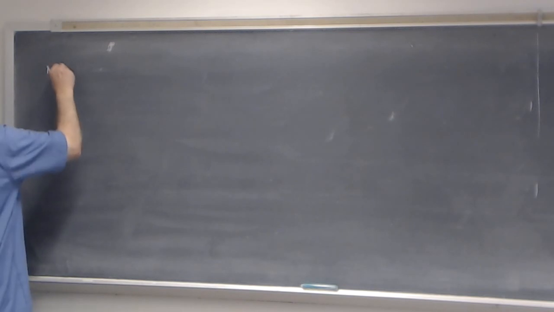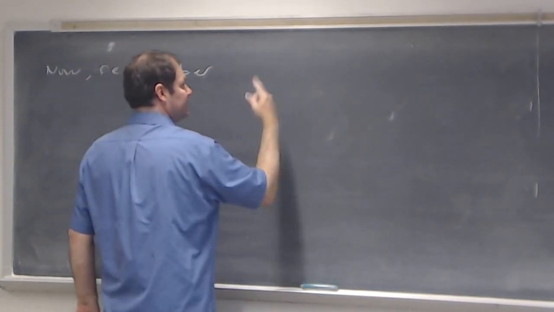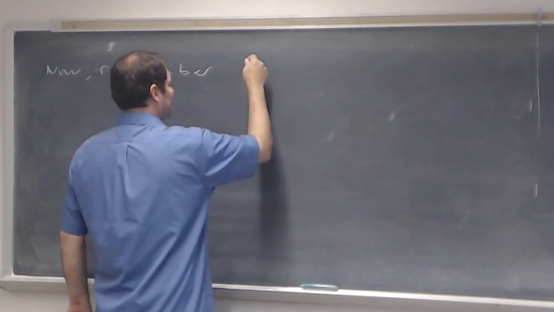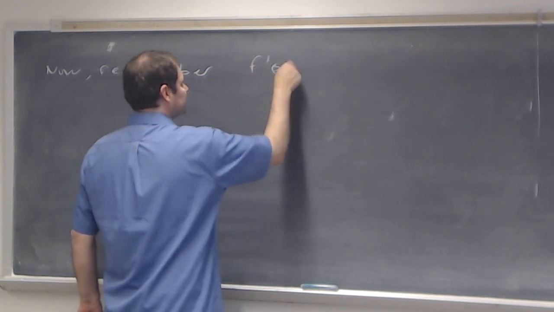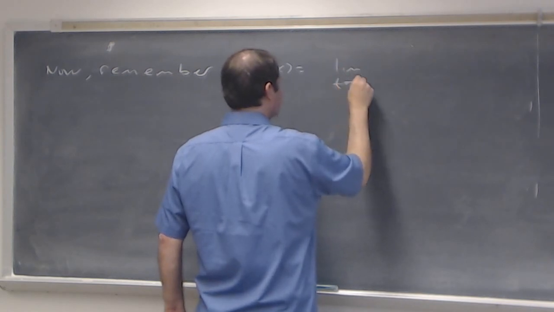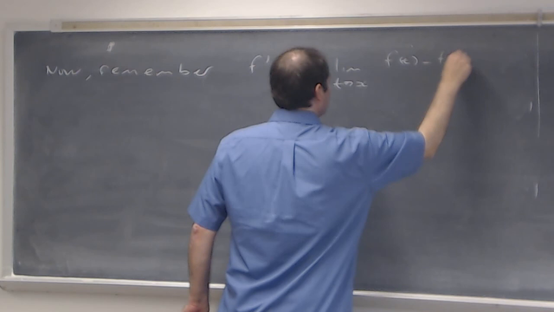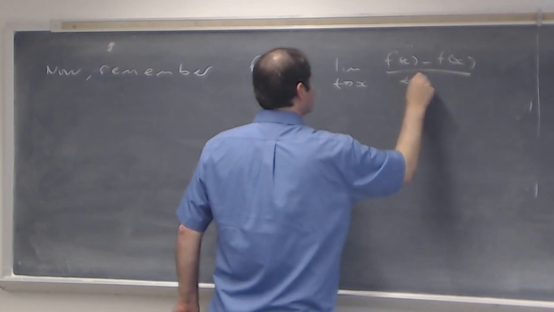So let us recall, we remember that the very first thing we did for this term in terms of the definition is that f prime of x is equal to the limit as t goes to x of f of t minus f of x all over t minus x.